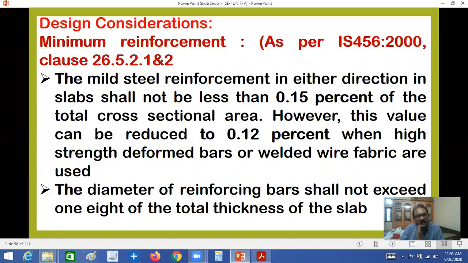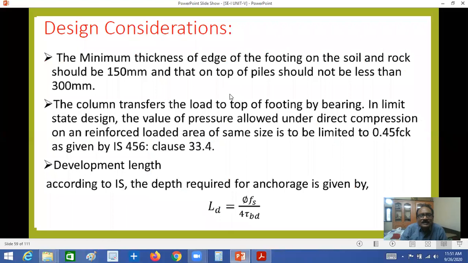Suppose it is a 100 thickness slab, then it is 12 only. You should not go for 16. That is the meaning of this sentence: the diameter of the reinforcement bar should not exceed 1/8 of the slab thickness. This is a very important point in design consideration.